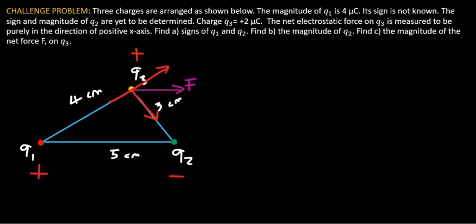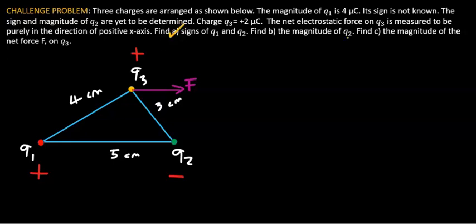And also, since the y component of the upward force is going that way, and the y component of the lower force is going that way, there is a chance for cancellation. So there we have it. The sign of Q1 is positive, the sign of Q2 is negative. So we have answers to part A.